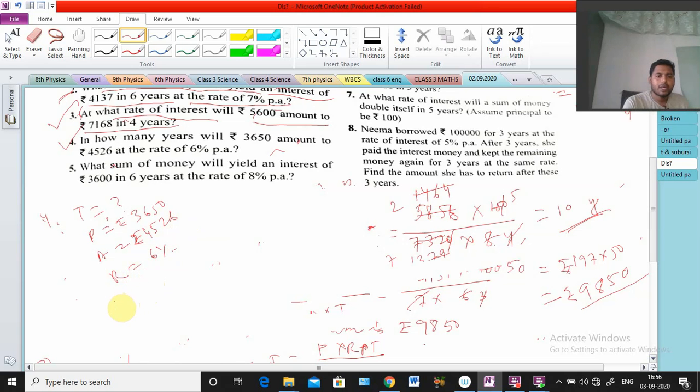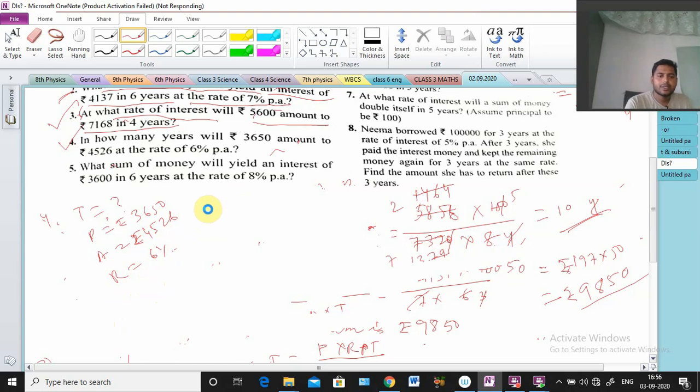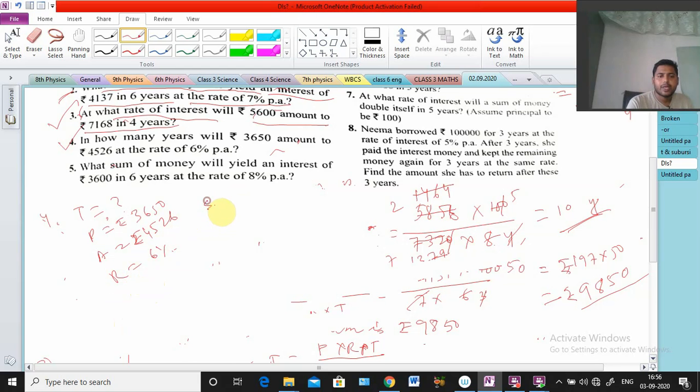So we find out T. At first I am writing the formula: SI equal to P into R into T by 100. Clear?